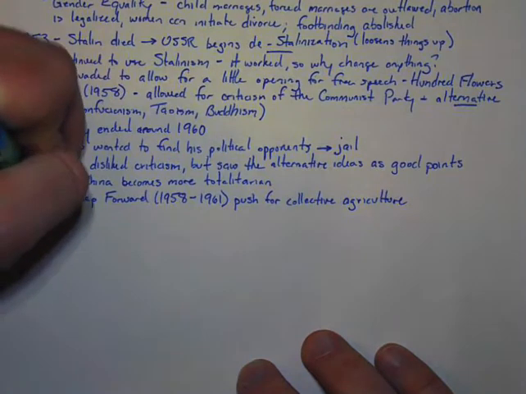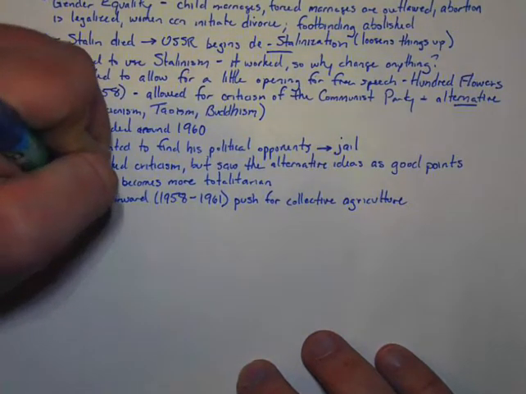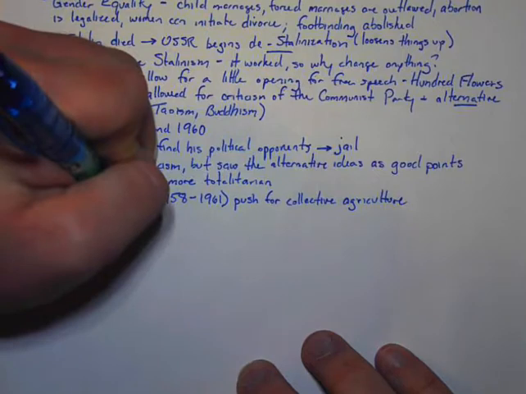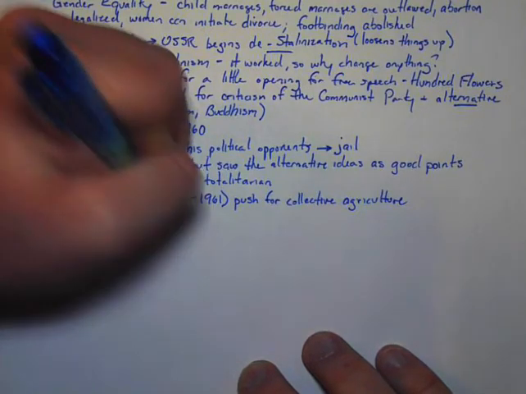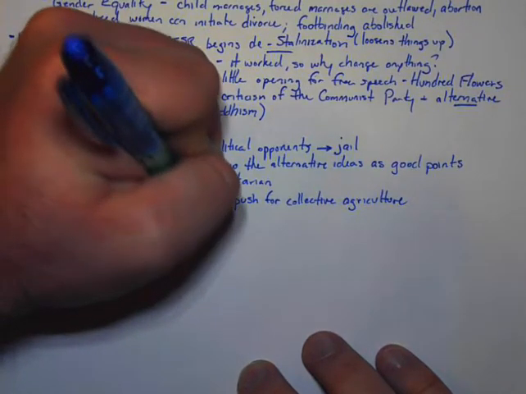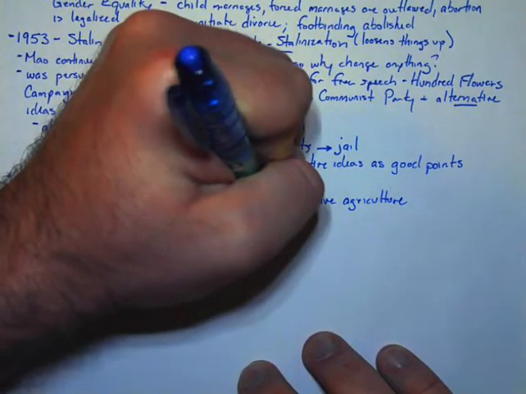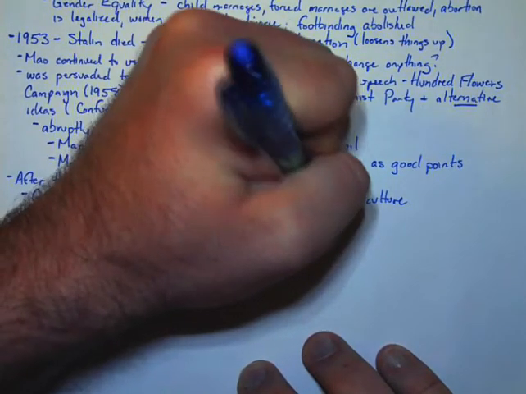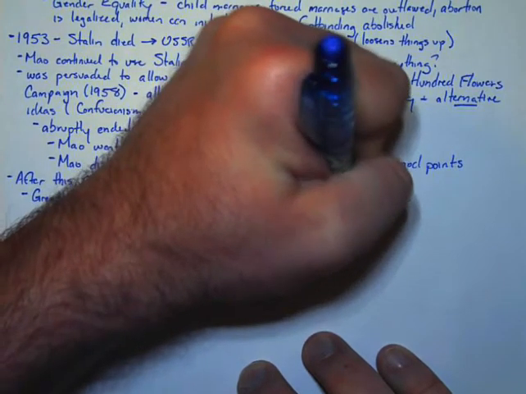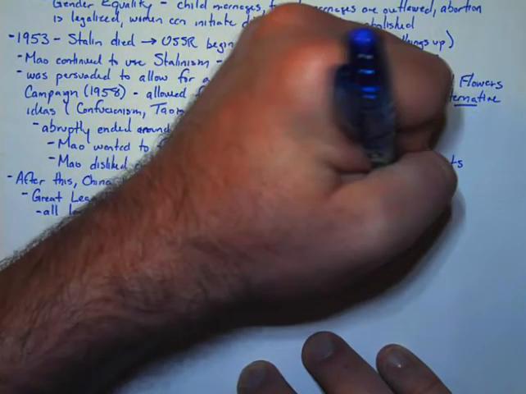All the farmland, all land in China was confiscated and turned into collective farms, where all the farmers work together.